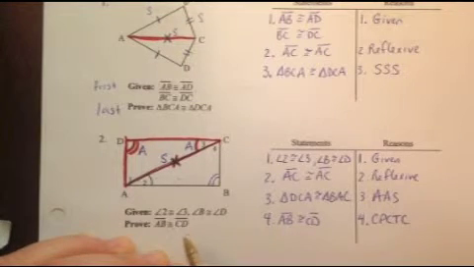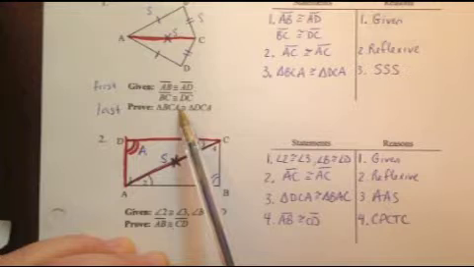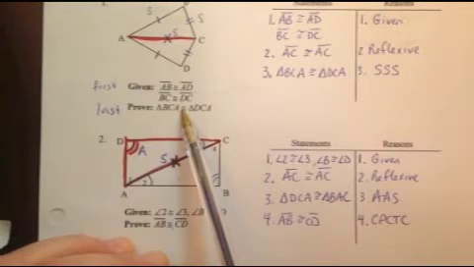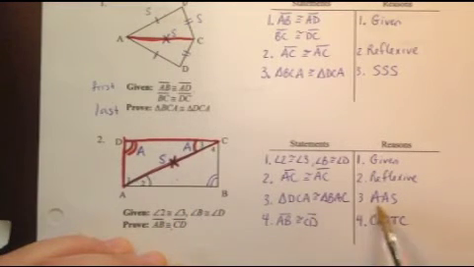So, if you're trying to prove the triangles are congruent, then you're going to end it with SAS, ASA, AAS, side, side, side, one of those. If you're trying to prove parts are congruent, you first have to show that the triangles are congruent, then you go CPCTC. And that's how we do it.